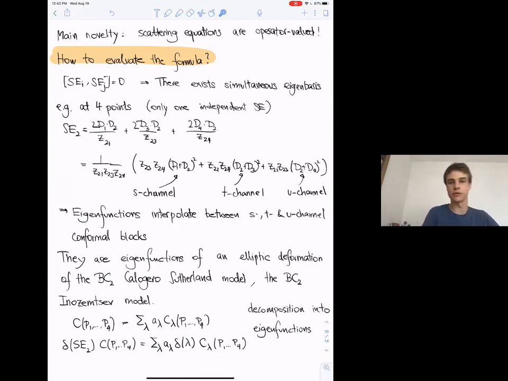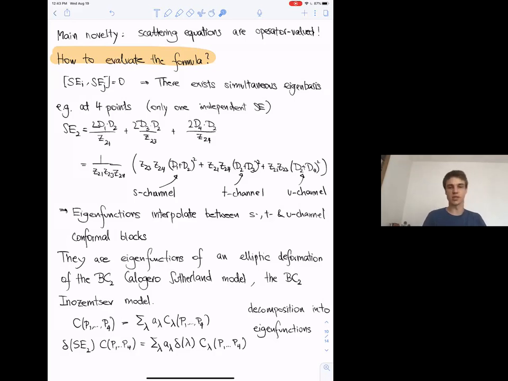The conformal blocks in general are related to the Calogero-Sutherland model. And in this case, if you add this z2 parameter, it turns out that the eigenfunctions are given by the eigenfunctions of an elliptic deformation of the Calogero-Sutherland model, which is the so-called Inozemtsev model.